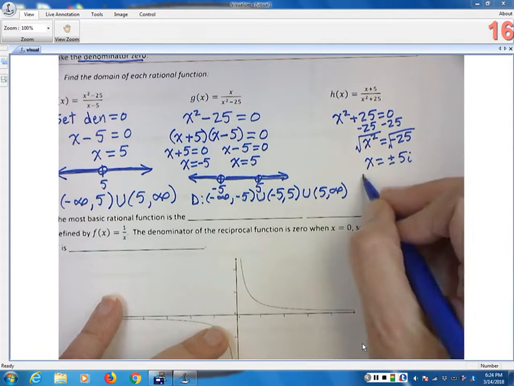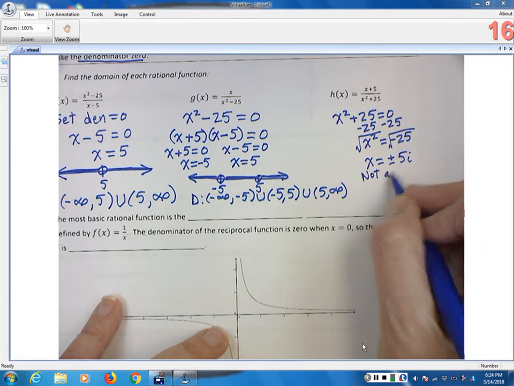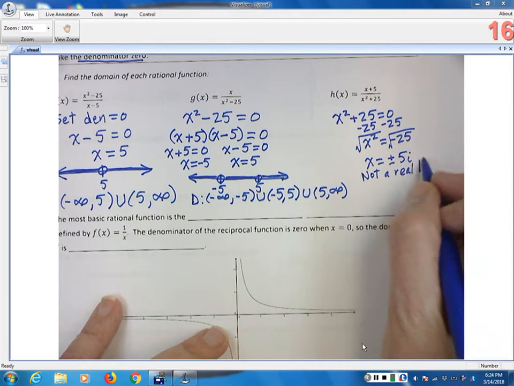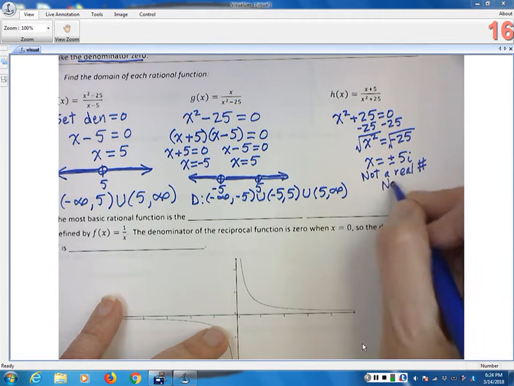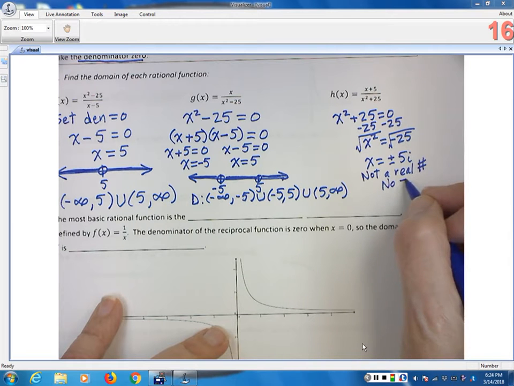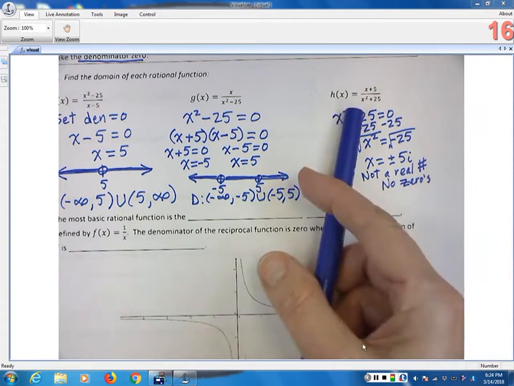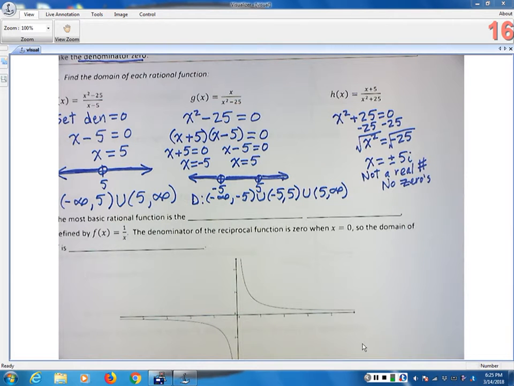It's not a real number, so it doesn't have any zeros. You can't find a number that you're going to plug in and square and add 25 to and get 0, unless you use an imaginary number.